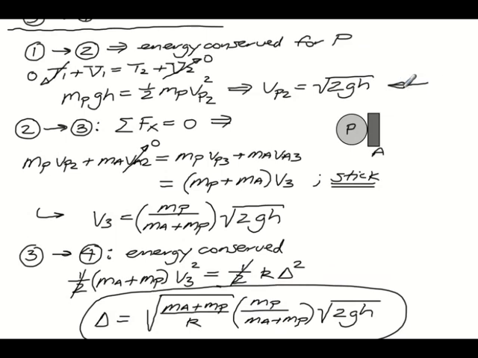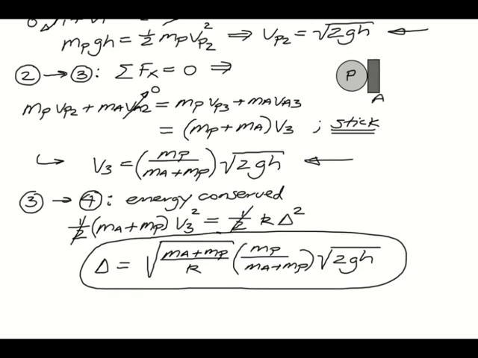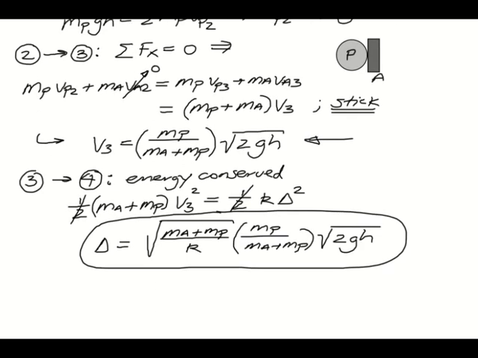We use conservation of linear momentum during impact, and use the fact that they stick, to find the speed of A and P together after that occurs. And then we jump back and use conservation of energy after that. A and P are moving together. They have a combined mass of m_A plus m_P. And we use this equation from which we can solve for the deflection of that spring.